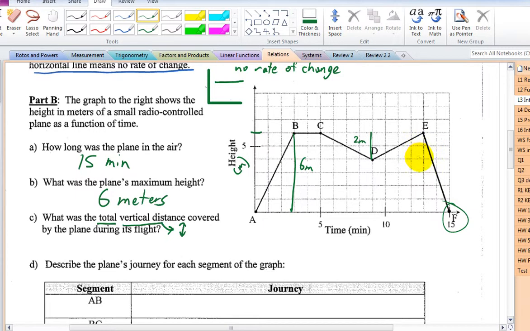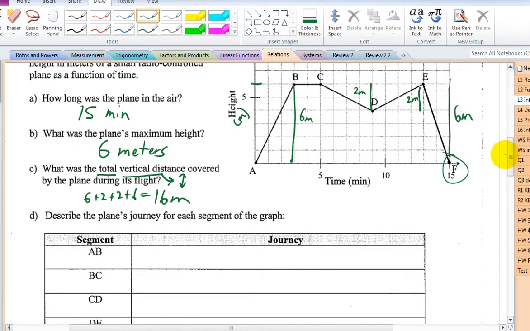What about D to E? 2. What about E to F? So what's the total change in all the distance that was traveled by the plane, up and down? 6 plus 2 plus 2 plus 6. 16 meters. Okay. So a total of 16 meters up and down.